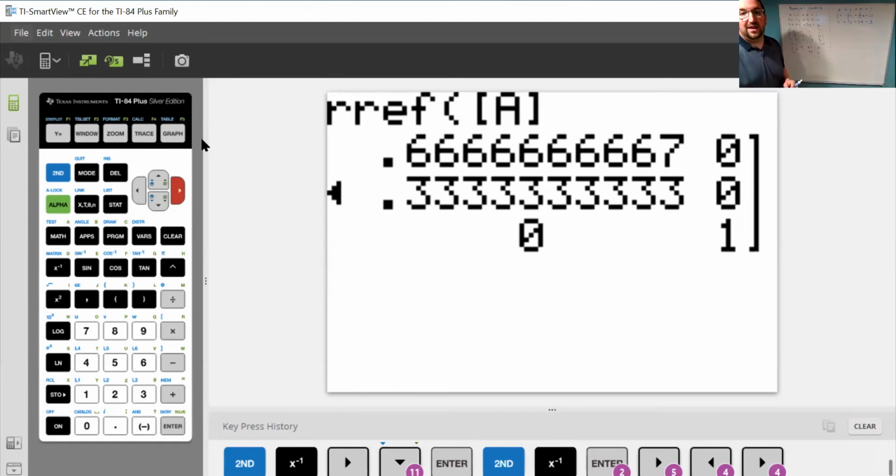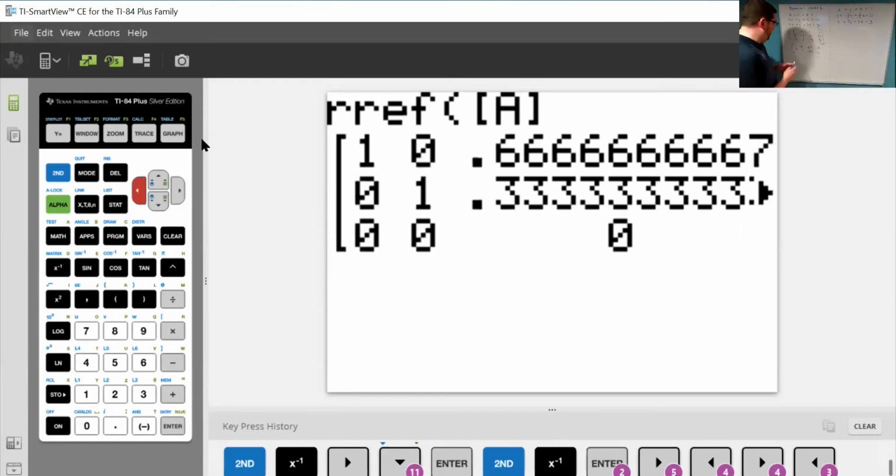And then our last row is 0, 0, 0, 1. Now that last row is what's significant, that 0, 0, 0, 1. You do not see that complete diagonal of 1s that we saw in reduced row echelon form. We don't have the 1s going all the way down.